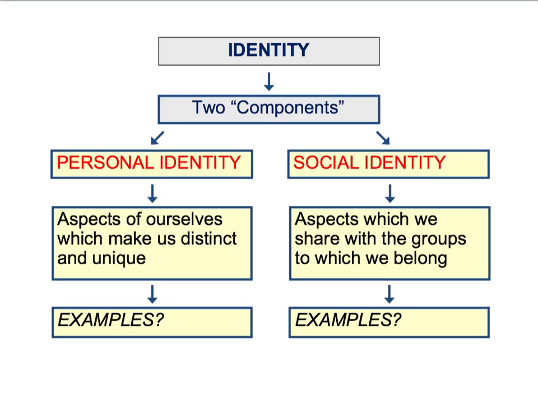Okay, this is the other component part of an identity. And social identities are aspects of ourselves which we share in common with the groups to which we belong. So social identities are based on our membership or our identification with particular social groups.